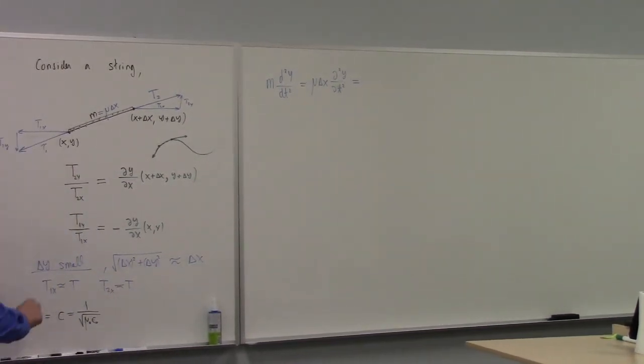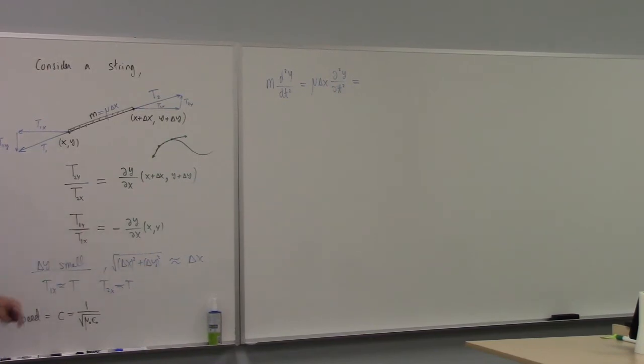I'm just thinking about magnitudes here. All my tension components are taken to be positive, and I'm using the direction to add minuses. If I were going to say T1x was negative, I wouldn't have to put this minus here.